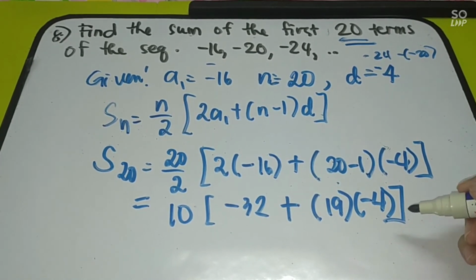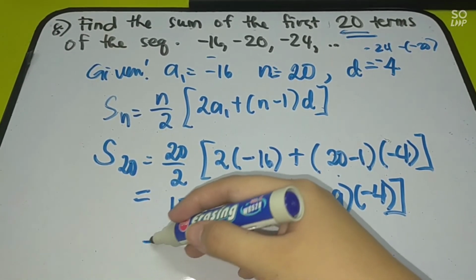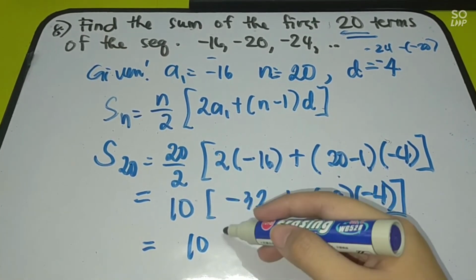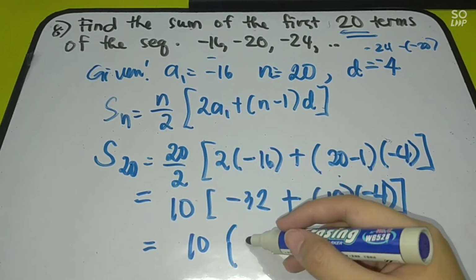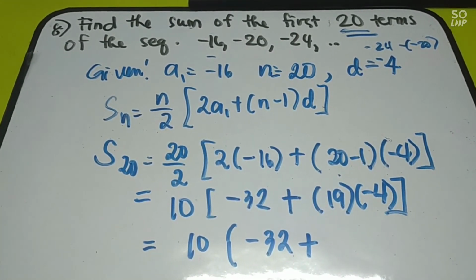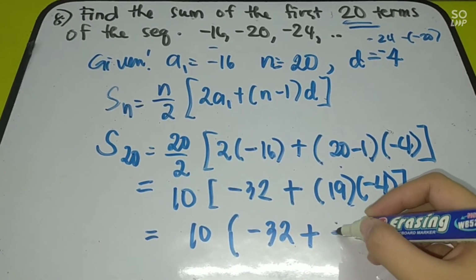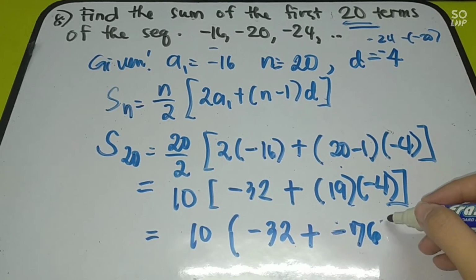Then, afterwards, you are going to multiply this one. So, we have here 10 times negative 32 plus 19 times negative 4. Answer here is negative 76.